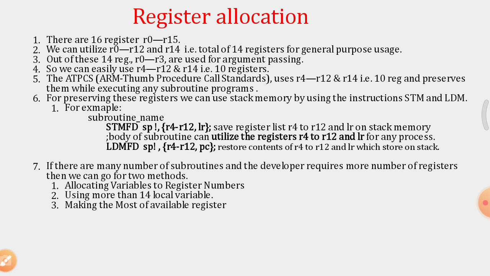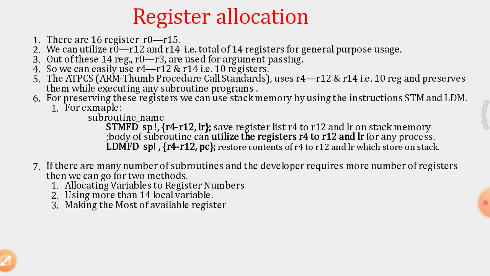Register allocation. Basically, we have a total of 16 registers in the ARM processor, that is R0 to R15, to hold general purpose data. But out of these, we can utilize only R0 to R12 and R14. That is, only 14 registers are used to hold general purpose data.